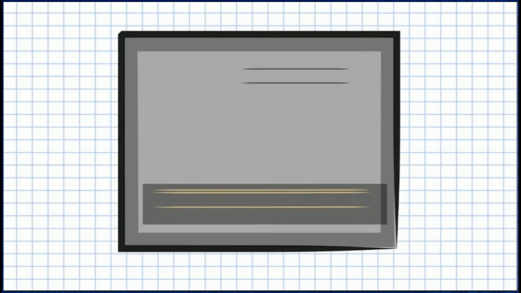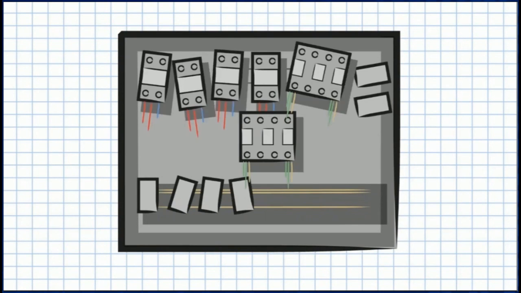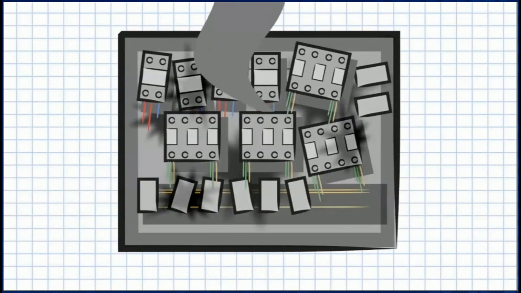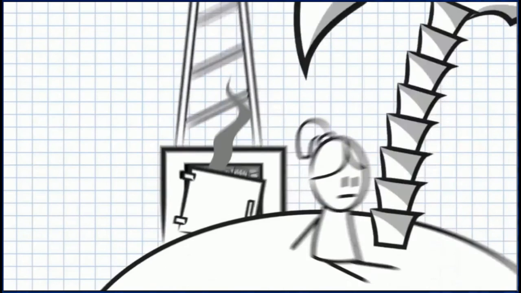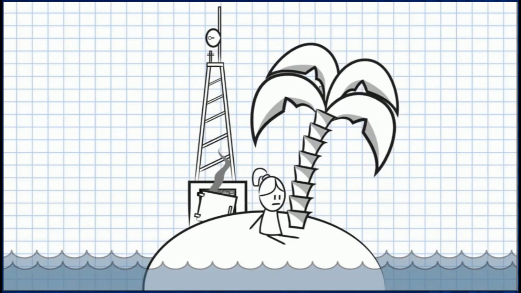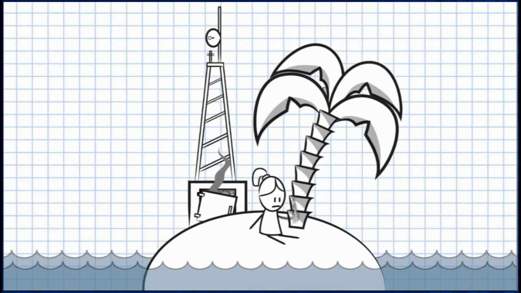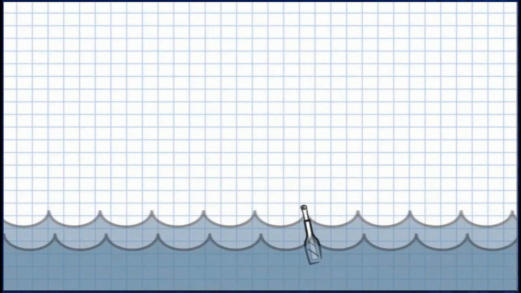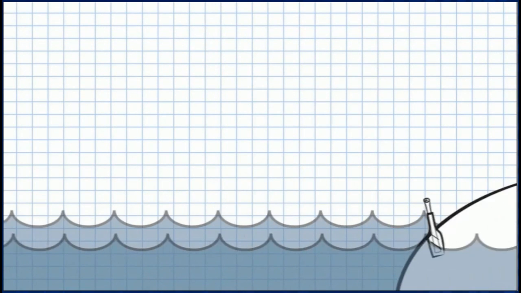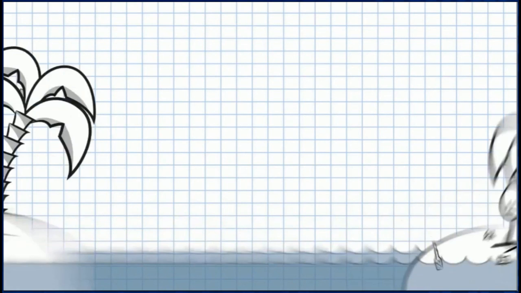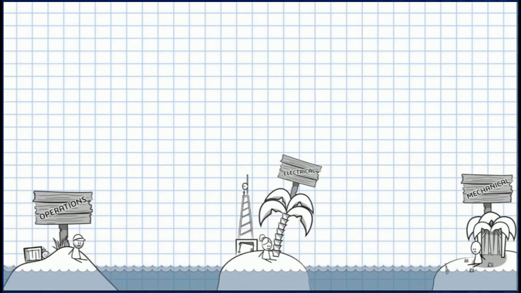Designing electrical parts for use in mechanical assemblies can be problematic, especially because, well, let's face it, you often feel like you're alone on an island. Sharing designs between departments can be sporadic and inconsistent, with little collaboration. In fact, most departments seem to live on separate islands.